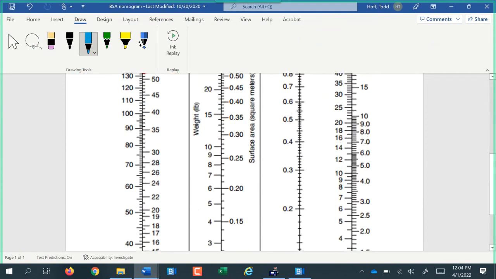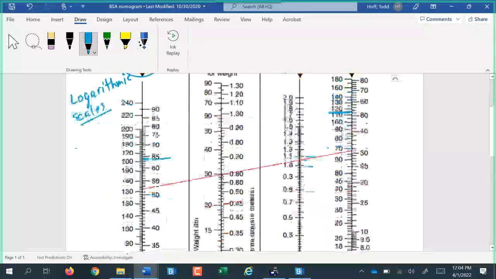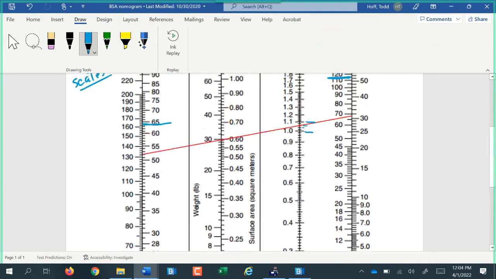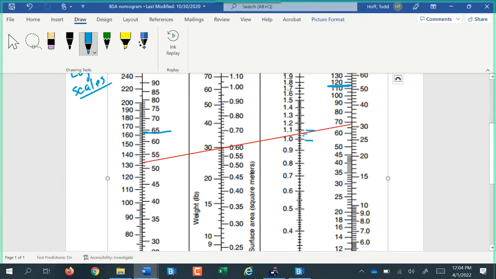If I come down here, from here to there is 10 centimeters. There are 10 spaces in between, so each space is 1 centimeter down here. But as we come up here, from here to here is also 10 centimeters.